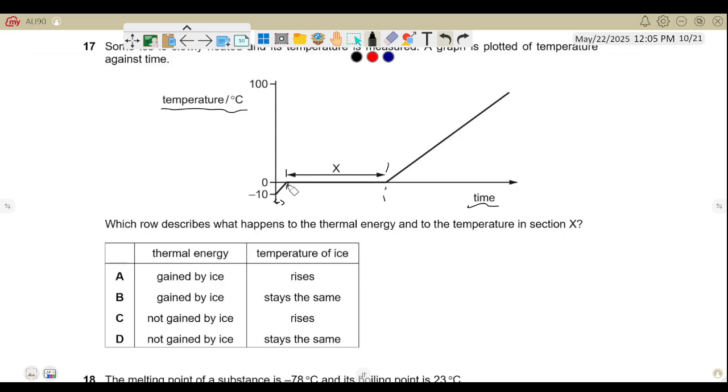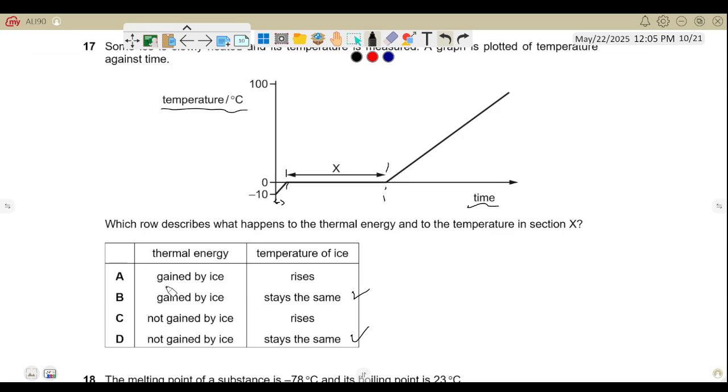As we see, the value of temperature remains the same as long as we are inside this interval. That means the temperature is not changing. If we come to the temperature of ice, we can just choose between B and D. It's here where it states the temperature stays the same. So what's going to make us choose between these two is the first row here.